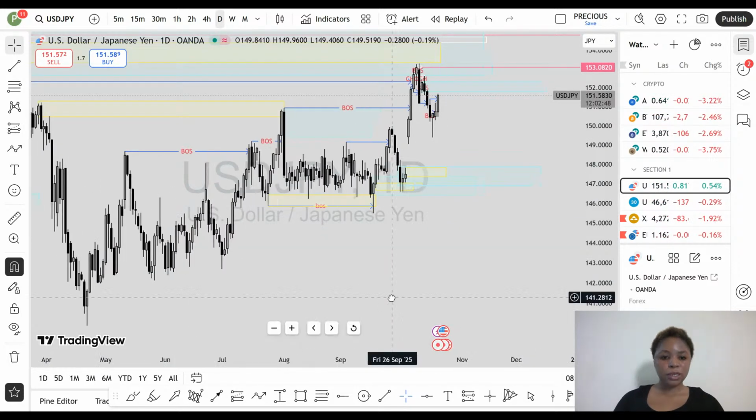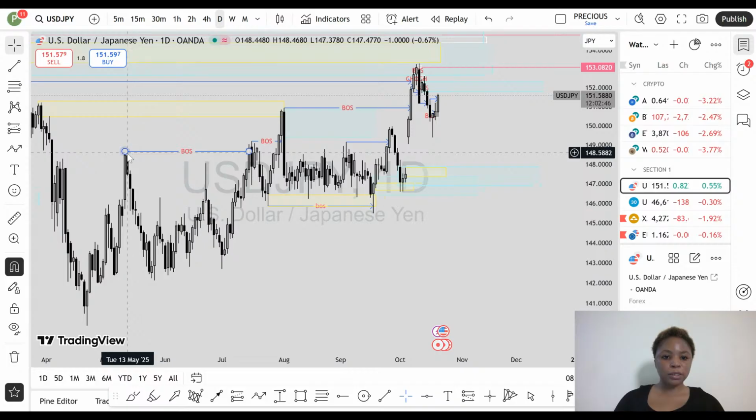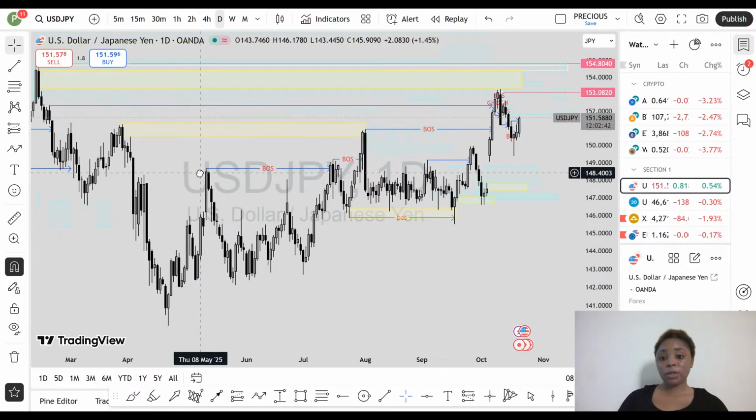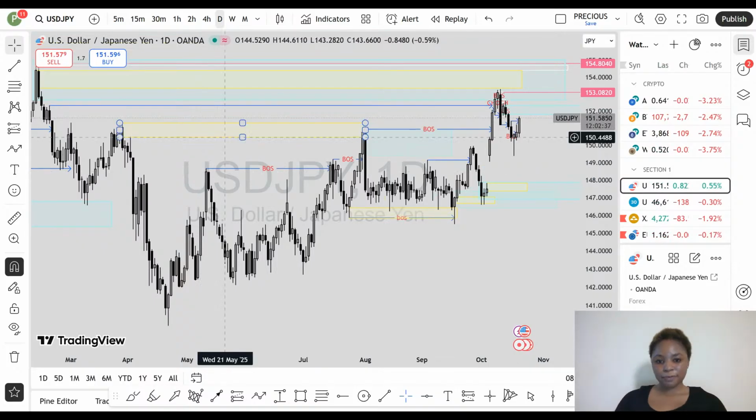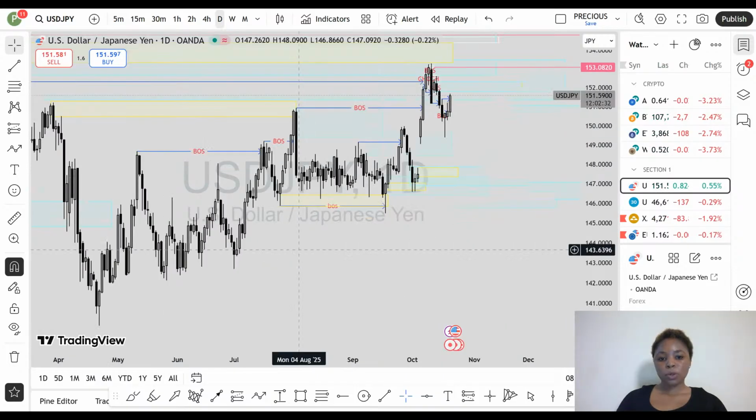On the daily time frame, you know that the market has been giving us higher highs on the external level, and not lower lows and lower highs. And the reason is because we are bullish here.